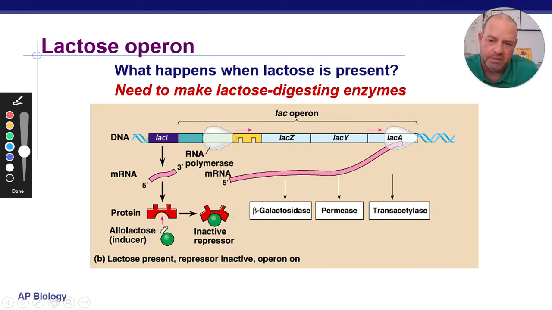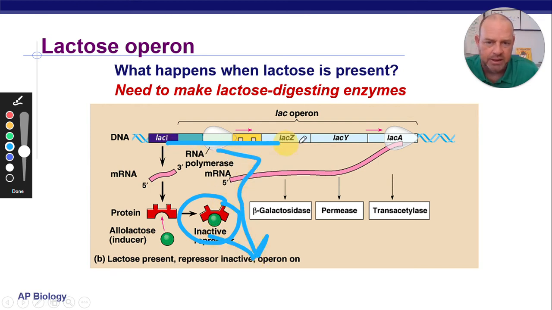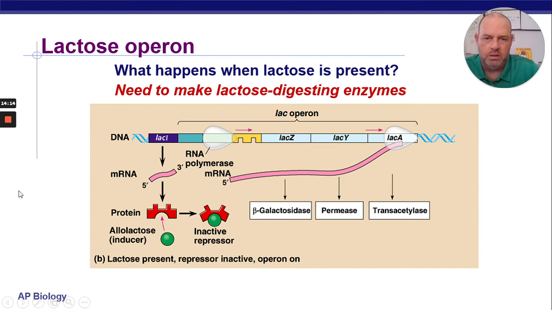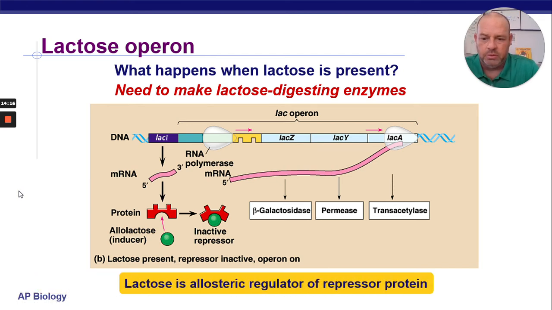This is going to be the lactose inducer, right? This is what causes it to release and come off the DNA, and then it can start making the enzymes that are necessary, okay? So again, lactose is an allosteric regulator of the repressor protein, okay?